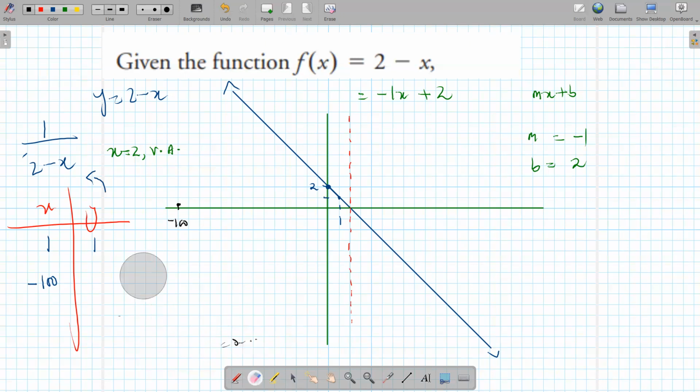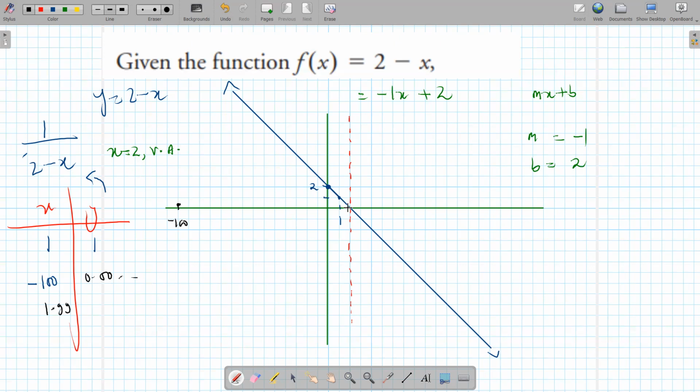Similarly, what about when x is 1.99? What's the y value? It's 100.